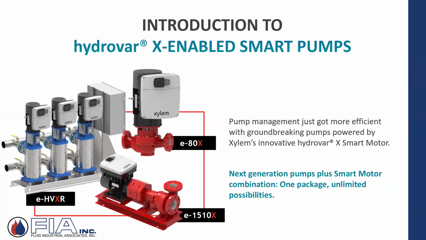One last thing, it's kind of the latest, if you will, of taking what we were doing with the smaller 3 horsepower and under, they're now applying to, what's it go up to, 30 horsepower? Well, the Hydrovar, the 30, right? Yeah, okay.